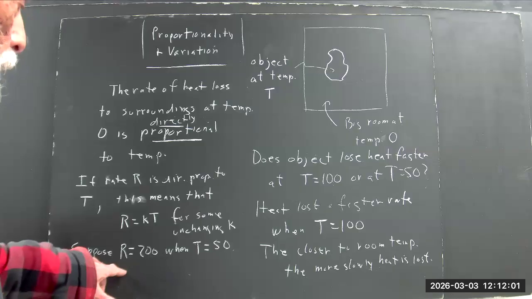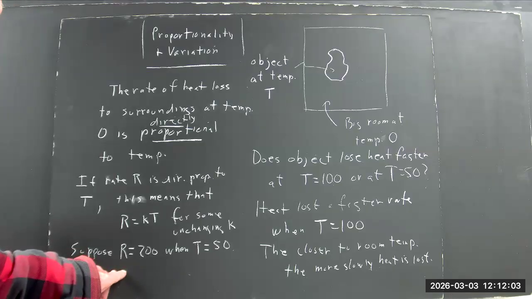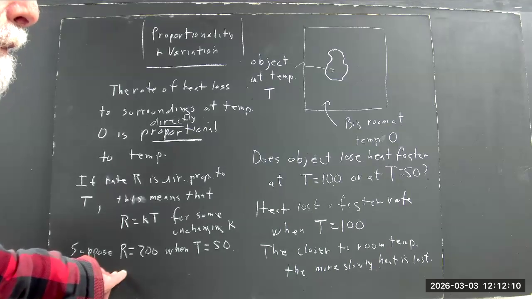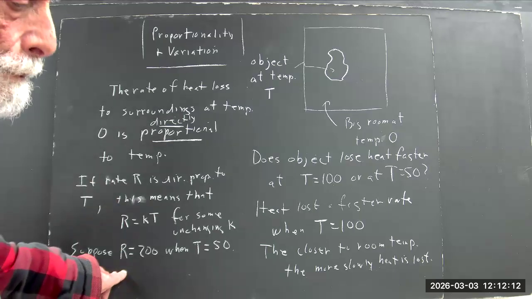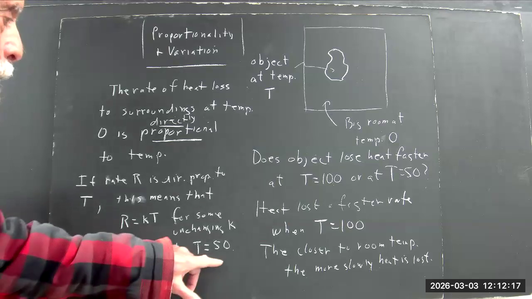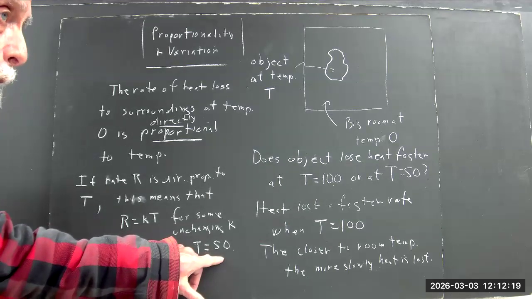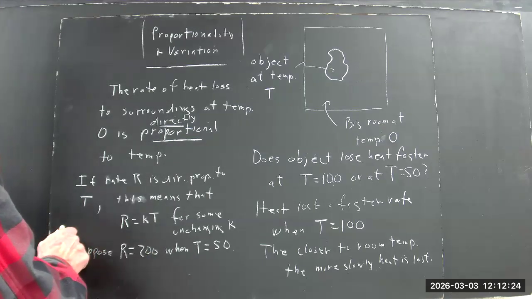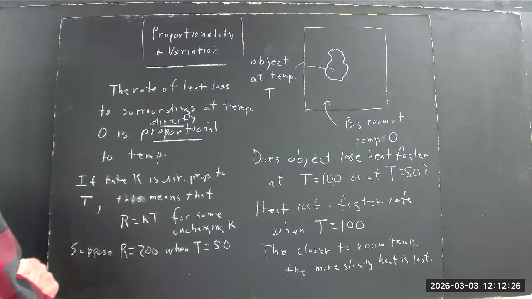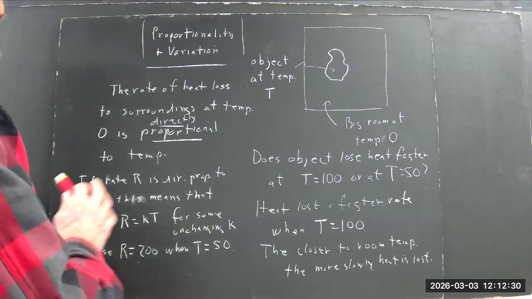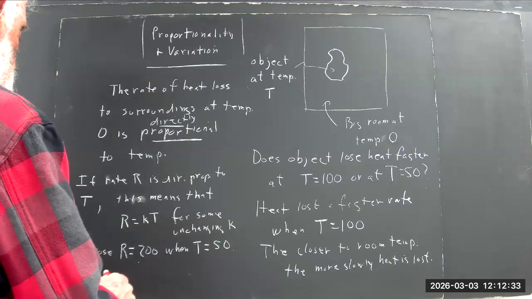T's temperature, R would be something like calories per minute or joules per minute, something like that. Units of energy per minute, and this is units of temperature. So this doesn't have the same units this does. Okay, we're not going to worry about units right now.